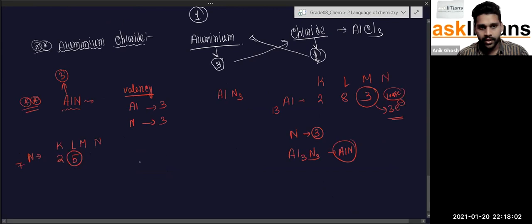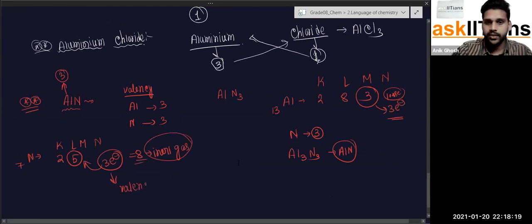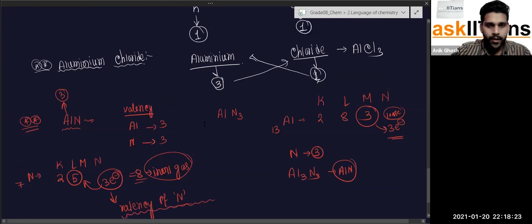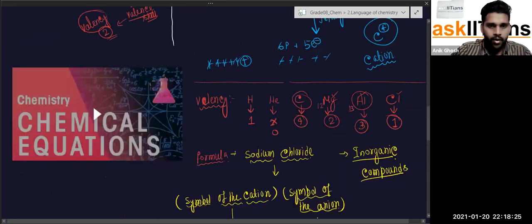So this is going to be the valency of nitrogen, isn't it? Fine. So this is how we can cross check whatever we have done so far. Clear? Clear, everything? Okay.